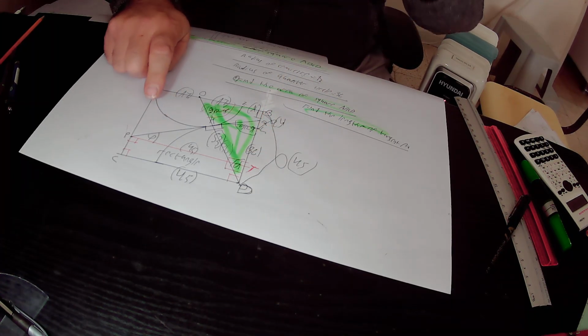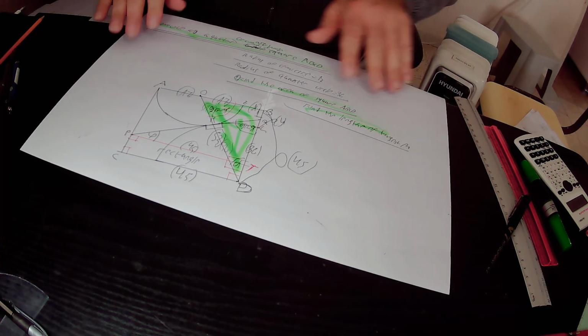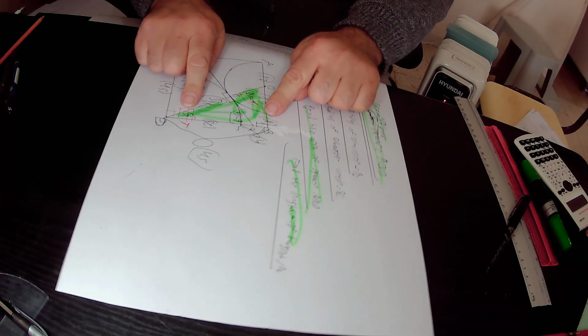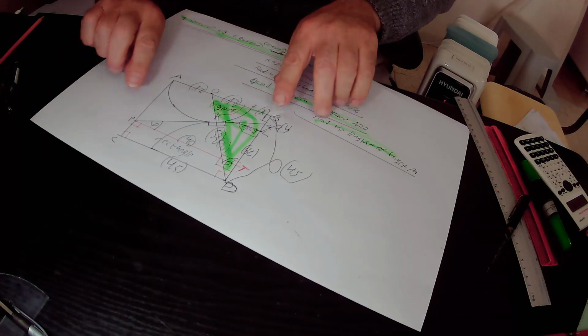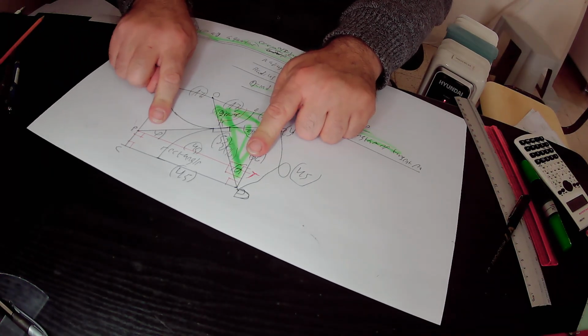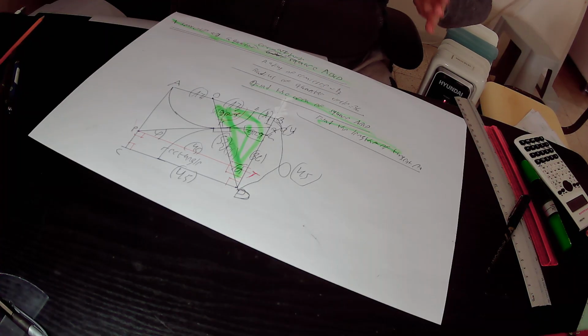And therefore, those two right triangles can go into each other according to the angle-side-angle rule.